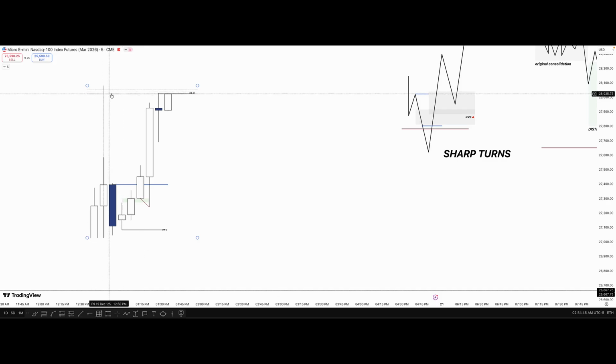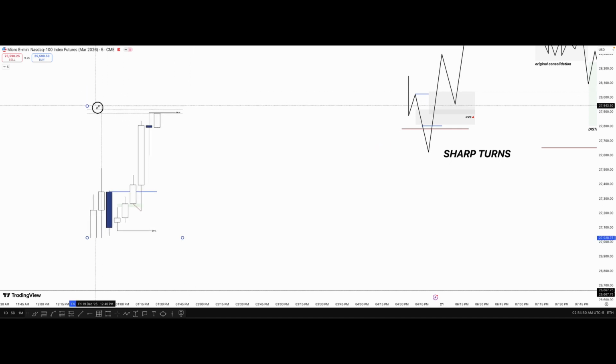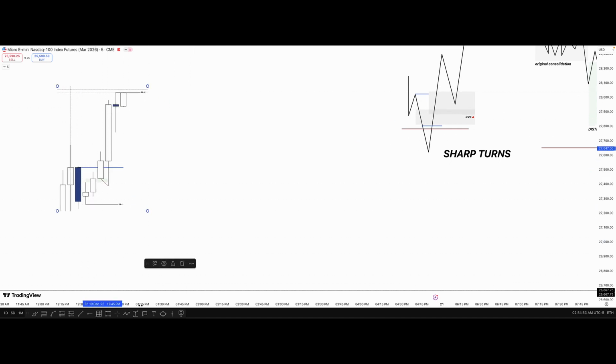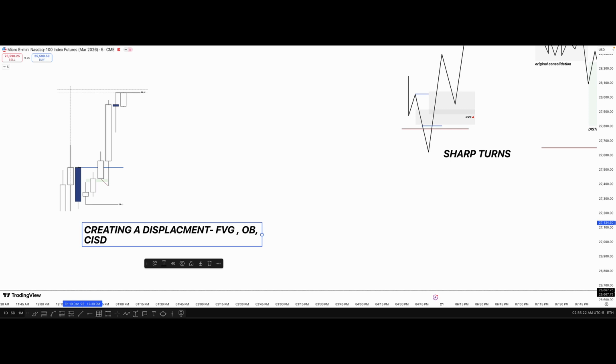Above us is any sort of liquidity which is available, all of those things, right? In this case, what is happening? I'll just write it down for you. In this case, it is displacing, creating a displacement, which is creating FVGs, creating order blocks, or creating a change in state of delivery, right?